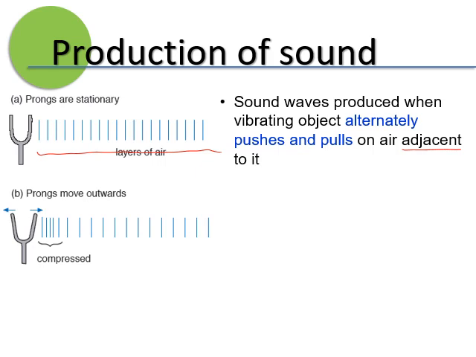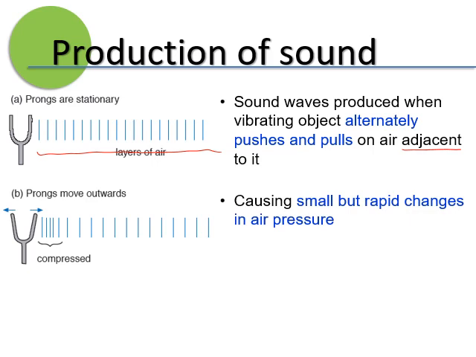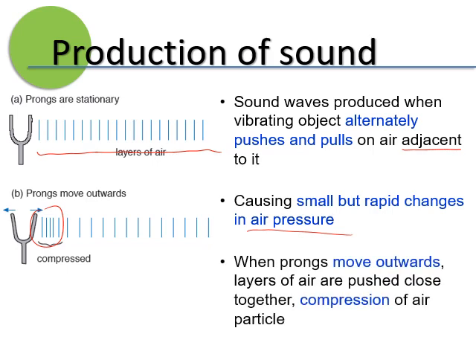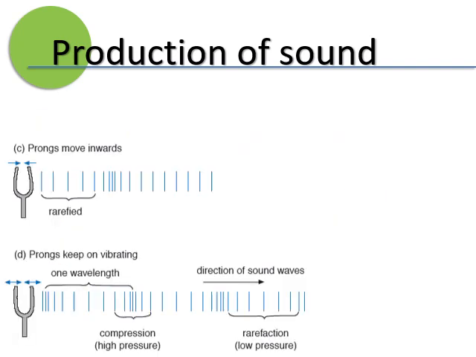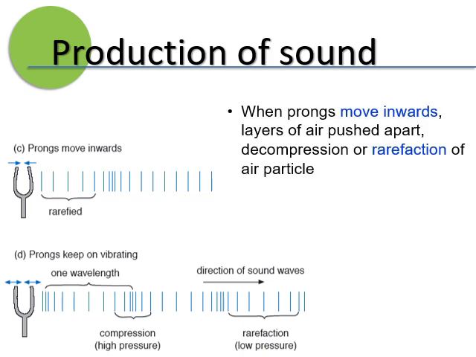When the prongs move outwards, they compress the air at this point here, and this causes a change in the air pressure. When there's compression, you can imagine there's higher pressure acting on the air. We can see here that when the prongs move outwards, these layers of air are pushed close together, and hence there's compression of the air particles. When the prongs move inwards, the layers of air are pushed apart.